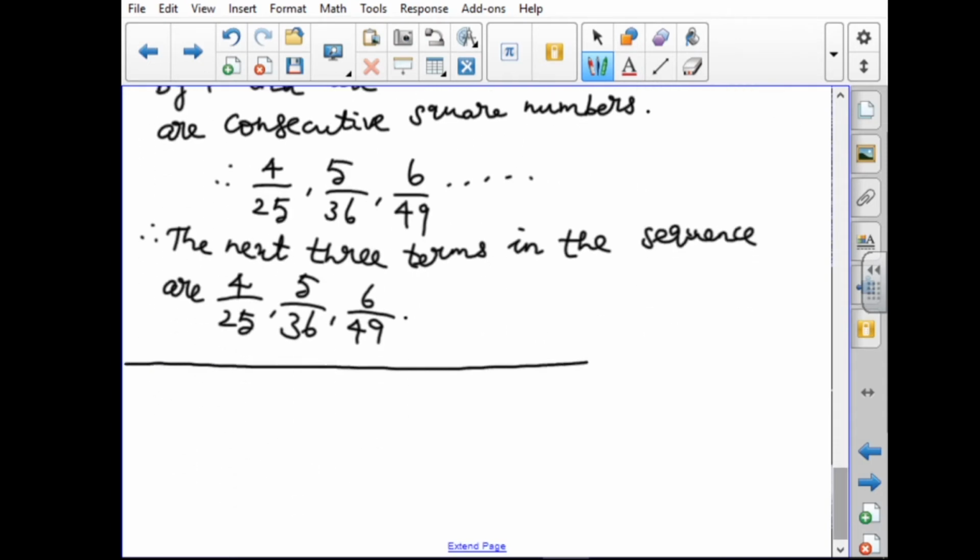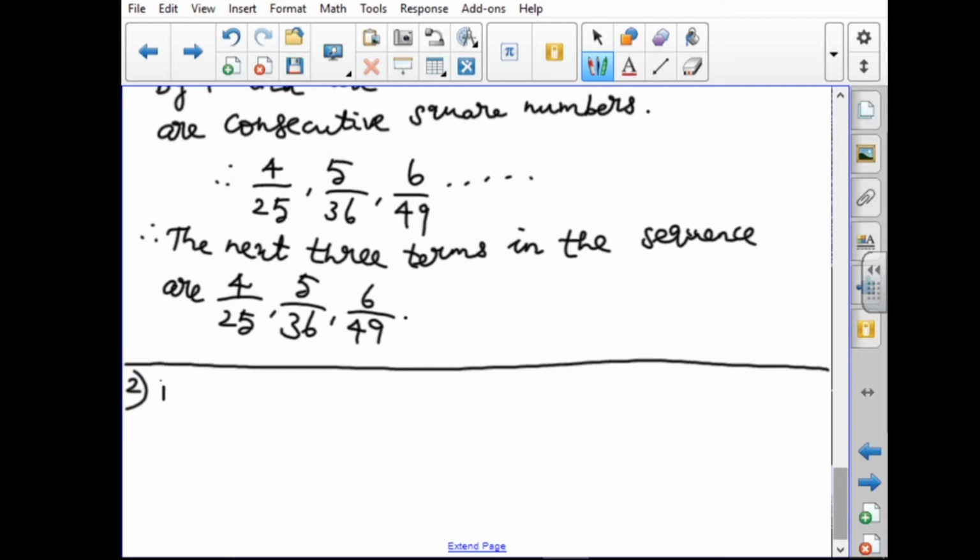Next we have to find out the second sum. See the second sum. Find the first 4 terms of the sequence whose nth terms are given by. The second sum they have given that nth term. We have to find out the first 4 terms.